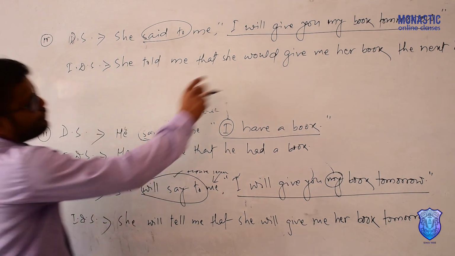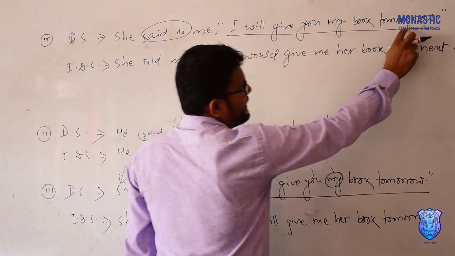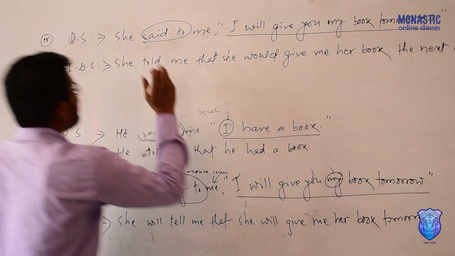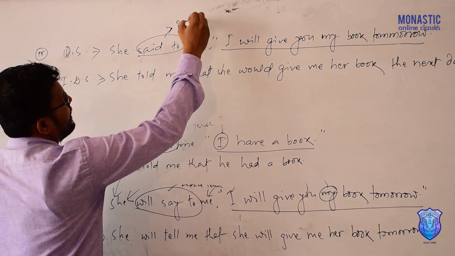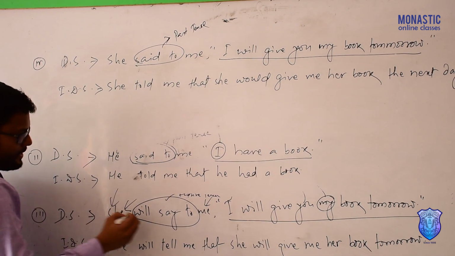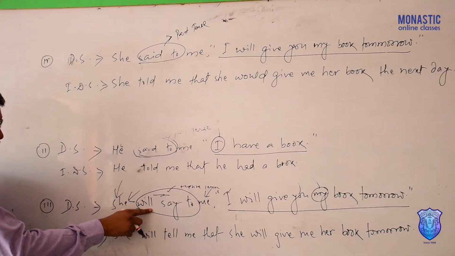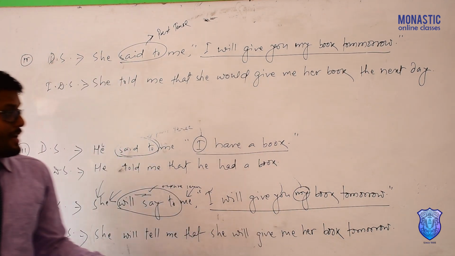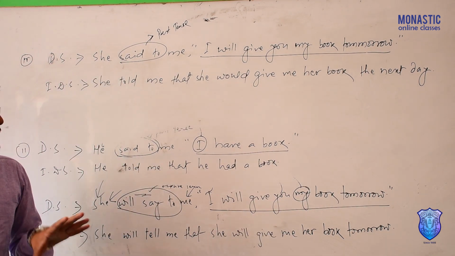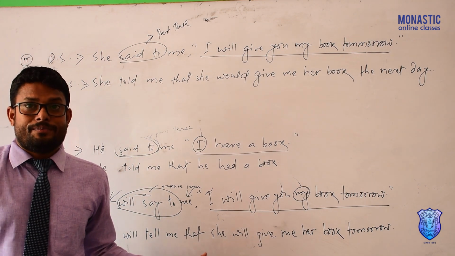So we are allowed to change the tense and the adverbials only when we find that the reporting verb is in the past tense. But when the reporting verb is in the present or future tense, we should not change the tense of the reported clause into indirect speech. I believe you have understood up to here.